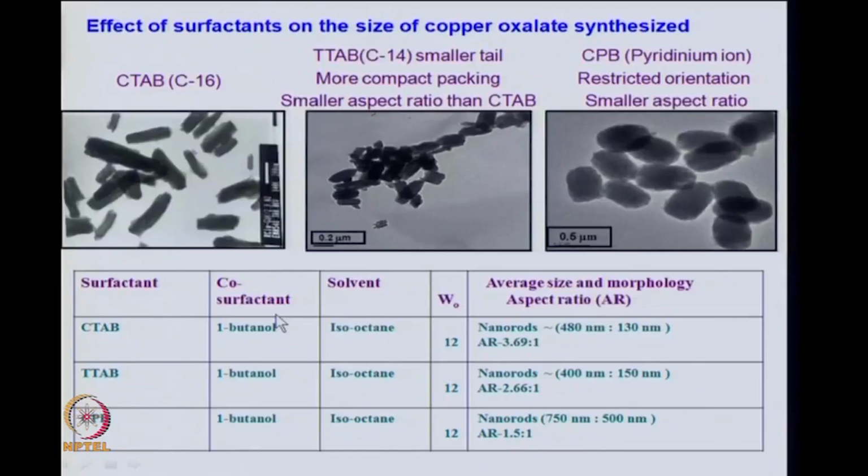When you have CTAB or another surfactant TTAB, so you are varying the surfactant, keeping the co-surfactant same, the solvent is the same, the W naught parameter is the same. So, only variation is in the surfactant and you get variation in the average size and morphology or the aspect ratio, which is the ratio of the length to breadth, and that changes like going from 3.7:1 to 2.7:1 to 1.5:1 by changing the dimensions of the surfactant.